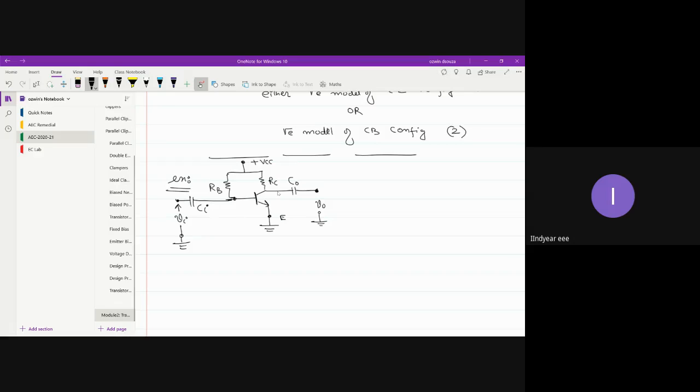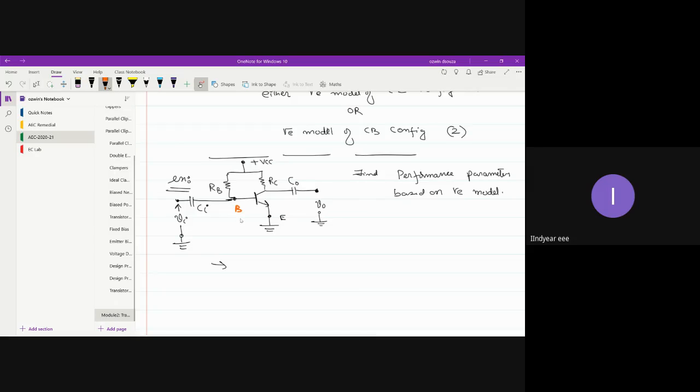Now this is the circuit, and you need to find the performance parameters based on the re model. If this is the question, first you have to check in which configuration the transistor is driven.